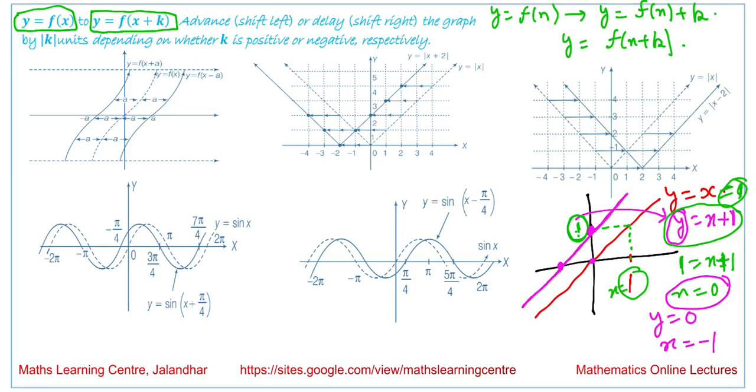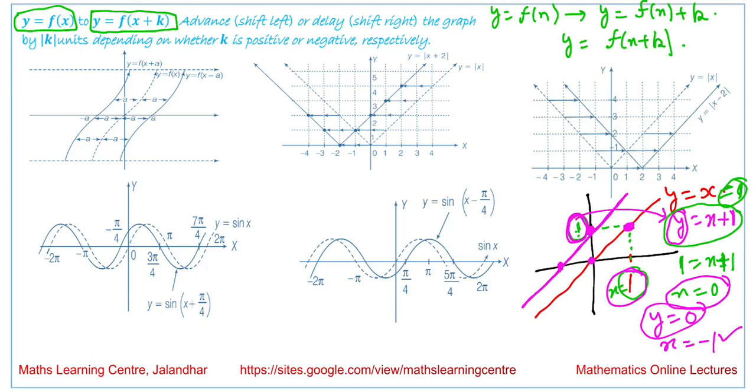So what is happening over here? The values of y are attained in advance. In advance means earlier the value 1 was attained when x is equal to 1, and now y is equal to 1 is attained when x is equal to 0.